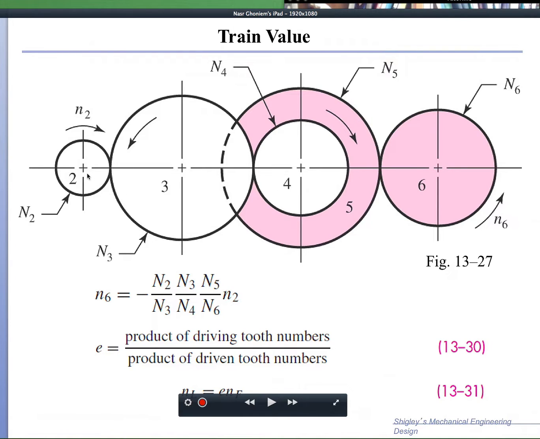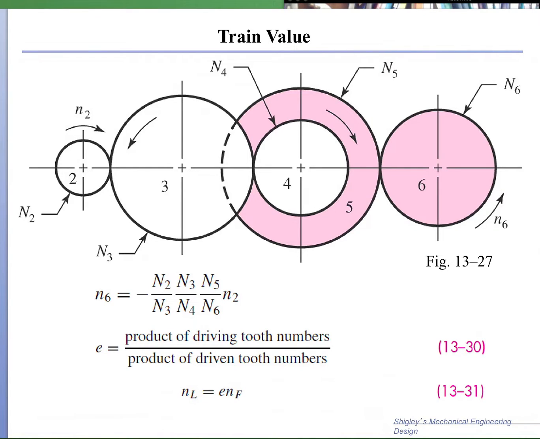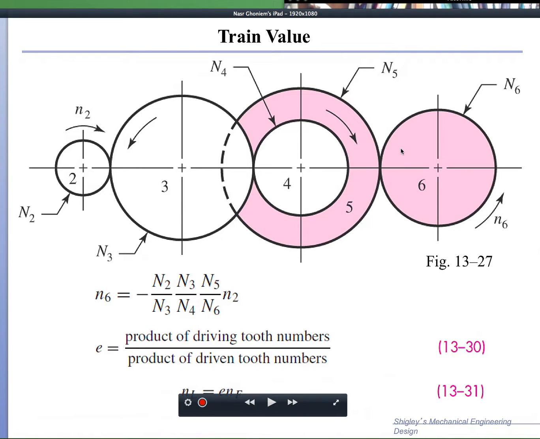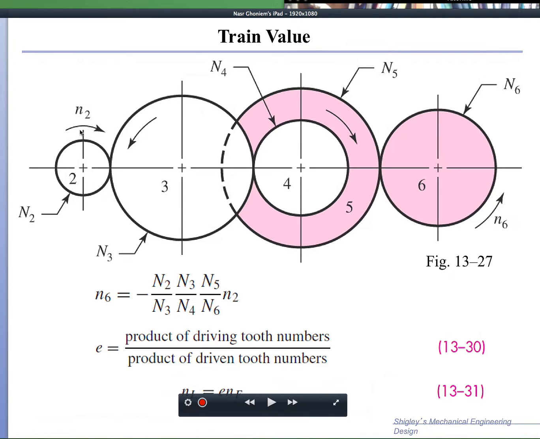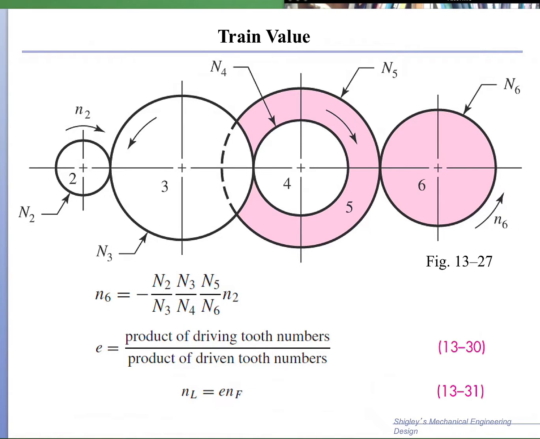So the number of stages from 2 to 3 is 1, from 3 to 4 is 2, and from 5 to 6 is 3. So 3 stages in that gear train. The number of stages is odd, and therefore you'd expect that the direction of rotation of gear 2, if you have an odd number of stages, will result in a reversal of the rotation on the output shaft.